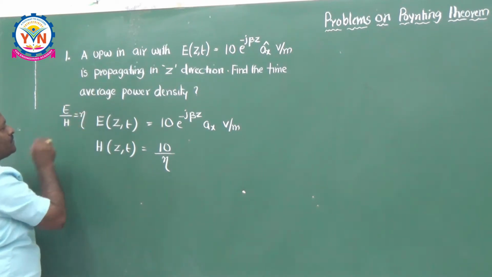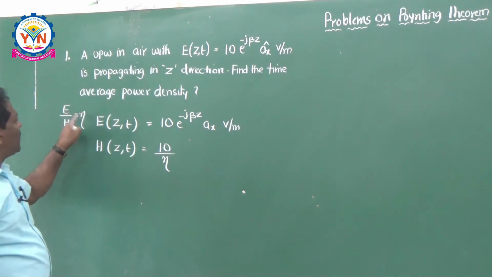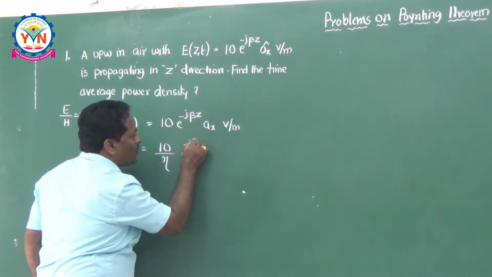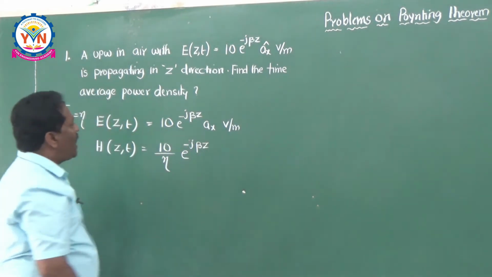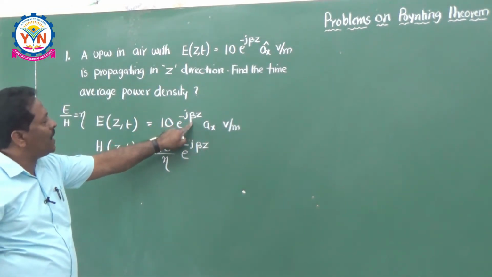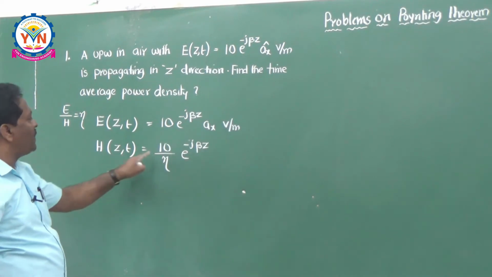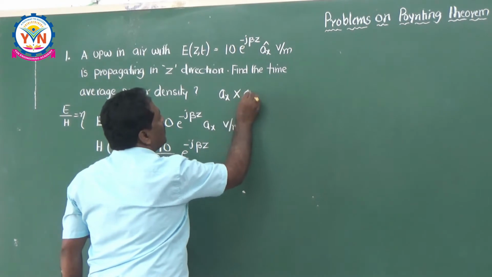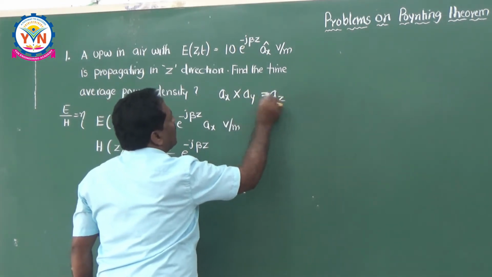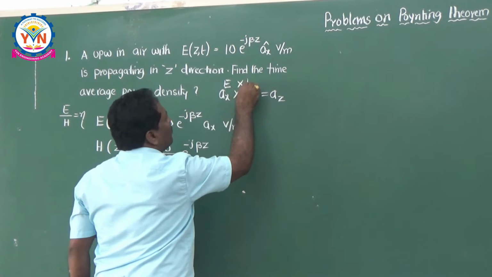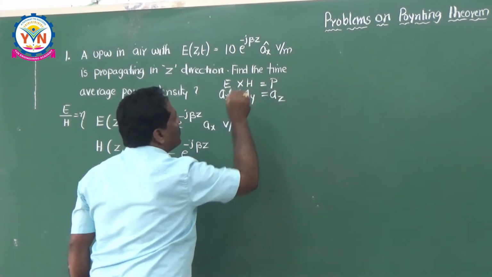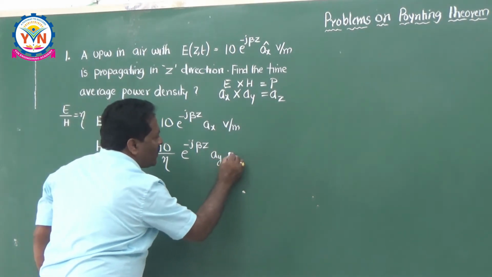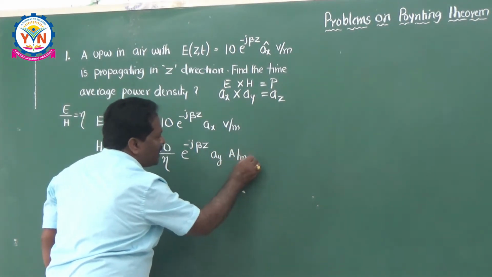The wave is propagating in the z direction, e to the power of minus j beta z. If the wave is propagating in z and the electric field is in x, then the magnetic field will be in the y direction, because a_x cross a_y is equal to a_z. Electric field cross magnetic field is the direction of propagation. So the magnetic field will be a_y, ampere per meter.